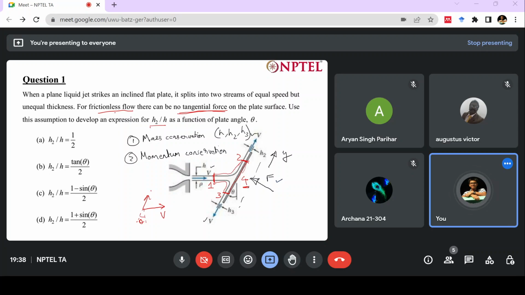So what will be this component? Can someone tell? What will be the y directional component?